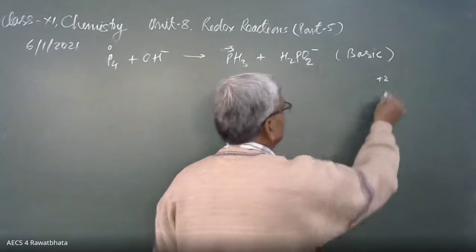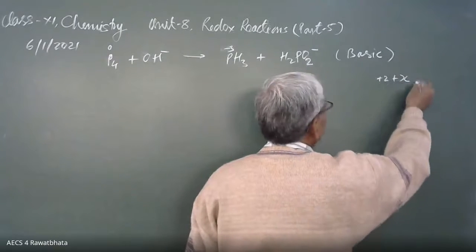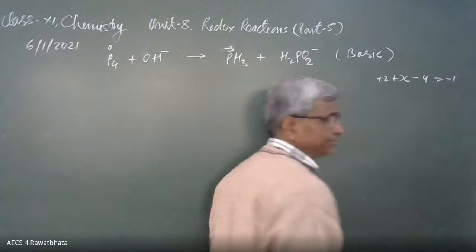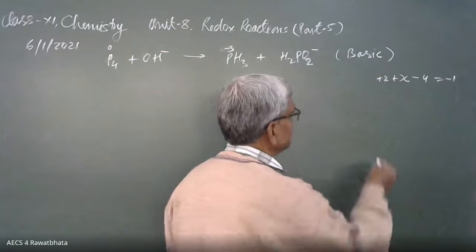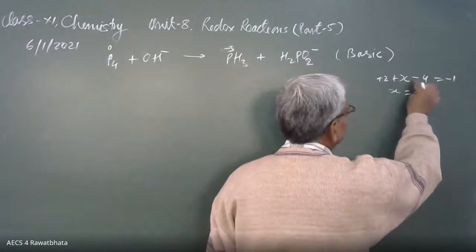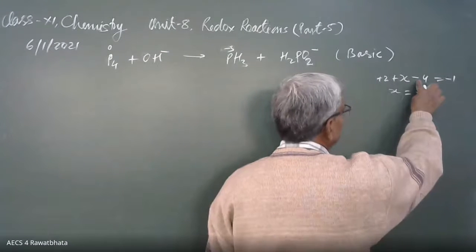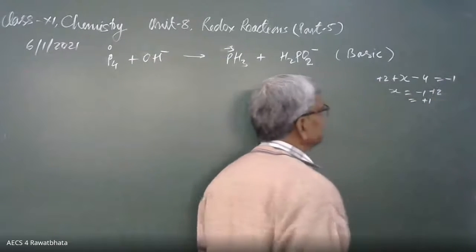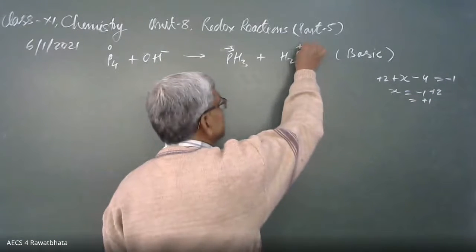Hydrogen plus 2, phosphorus is X, oxygen is minus 4, equal to minus 1. Overall charge is minus 1. Then X equals minus 1, and here plus 2, minus 4 is minus 2, that side plus 2, so X is equal to plus 1. Phosphorus oxidation state is plus 1.